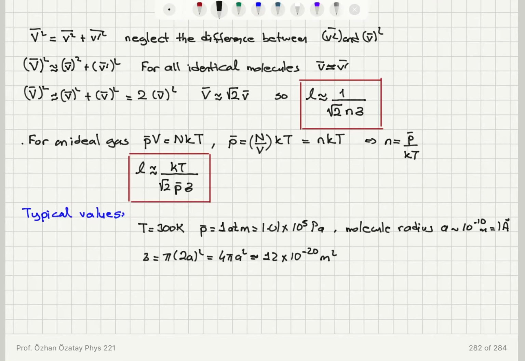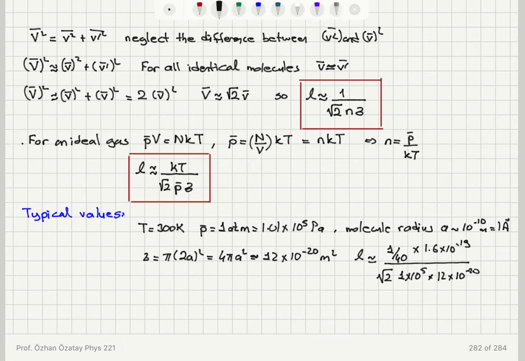And then we can calculate the mean free path. The value of kT is 1 over 40 electron volts at room temperature, 1 over 40 times 1.6 times 10 to minus 19 coulombs, so that's going to be in joules, divided by square root 2 times the mean pressure, 1 times 10 to the 5 pascals, times the total scattering cross section, 12 times 10 to minus 20.